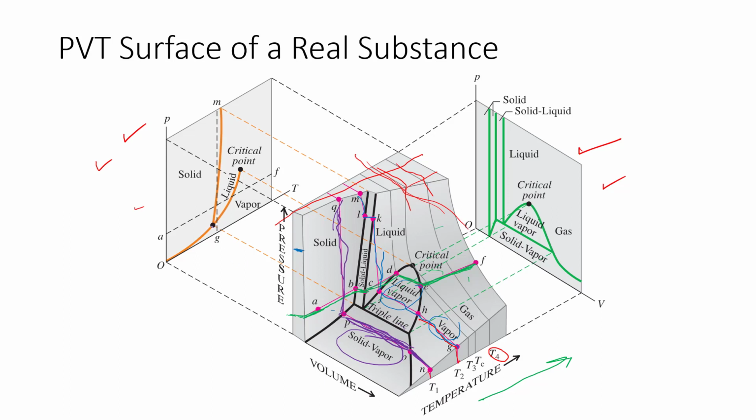In the previous picture, below the triple point you don't get the liquid phase, you only have solid and vapor phase. Now, because this is a three-dimensional picture, instead of calling it a triple point, we call this a triple line. In the previous picture there was only one single point here, but now as we expand this along increasing volume, we see the triple line.